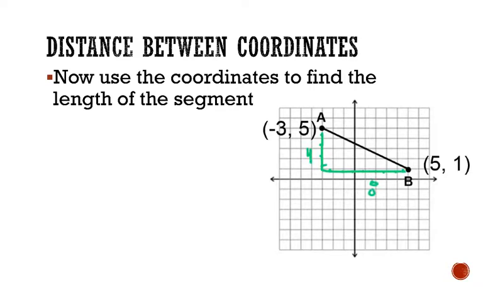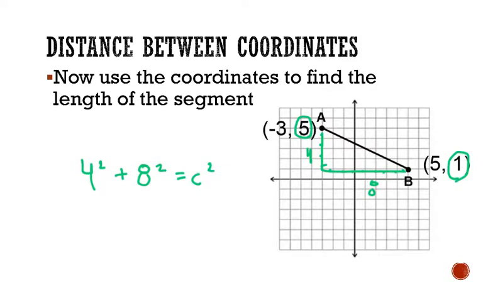So taking a look at the coordinates, how do you get 4 from this height of 5 and this height of 1? Hopefully you can see that we're going to end up getting 4, which we wanted to square in our formula, and then we had an 8 squared in our formula to make c.